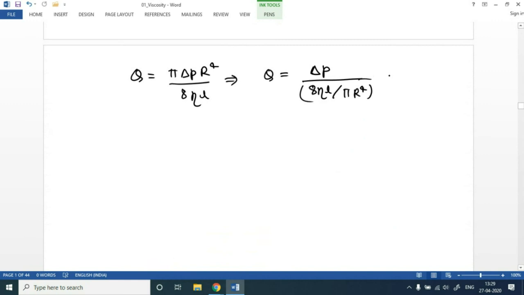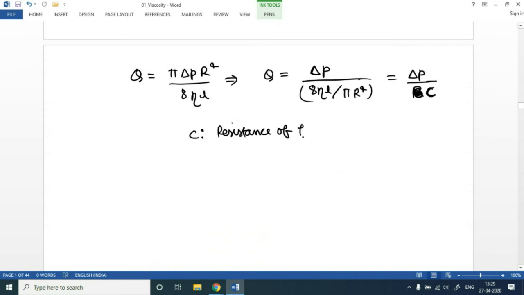And this can be written as delta P by some quantity, let's say C. And C here is nothing but the resistance to flow.